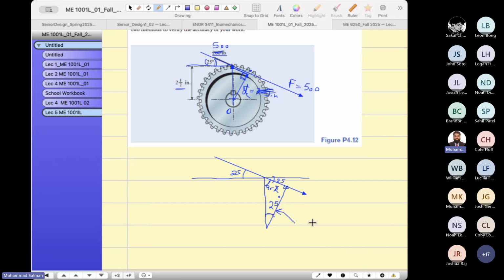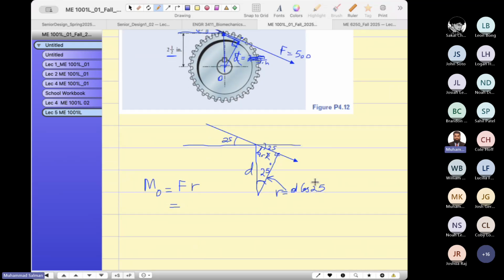Adjacent to this angle, this is D. This is D cosine 25. Do you understand that? The moment arm is not exactly equal to D, but it is R equals D cosine 25. So the moment would be the force times R.